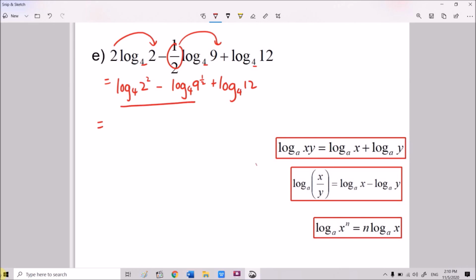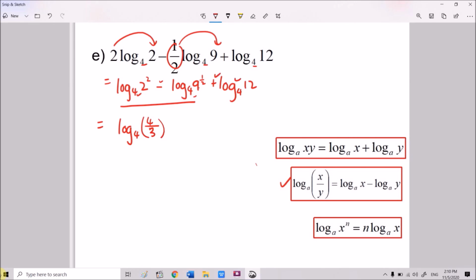So for this part, you can use the division law. Since they have the same base, and you have a minus here, so you have log base 4, 2 to the power of 2 is actually 4, 9 to the power of 1 over 2 is actually the square root of 9, which is 3.